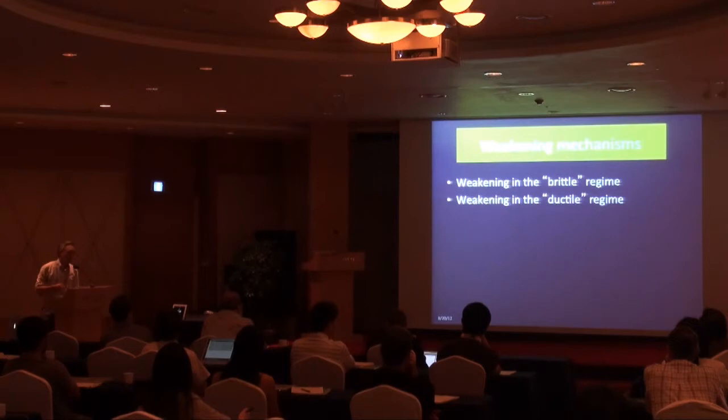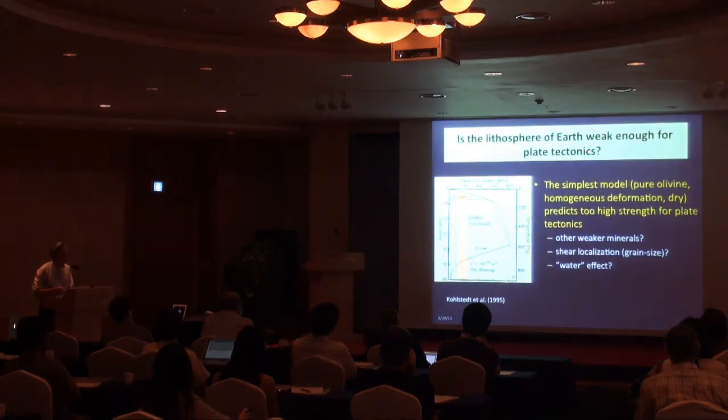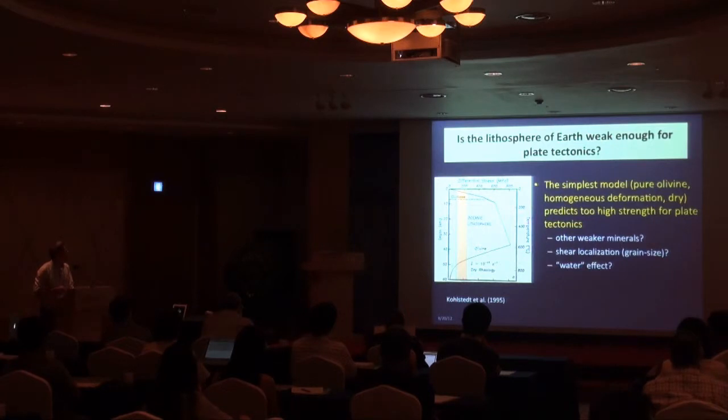So what we need to do is this: the conventional model predicts too strong a lithosphere, so that plate tectonics cannot be explained. We would like to find out in which way we can explain plate tectonics. In other words, we would like to find out the plausible ways to reduce the strength.